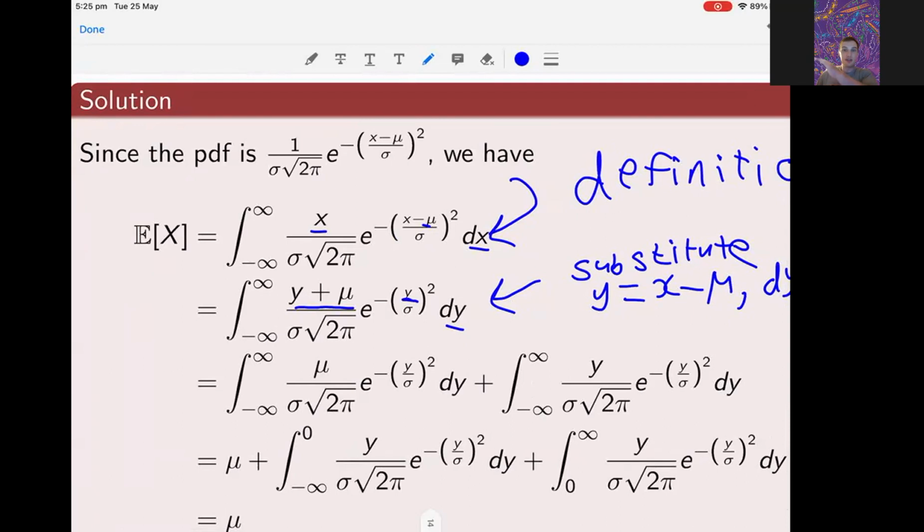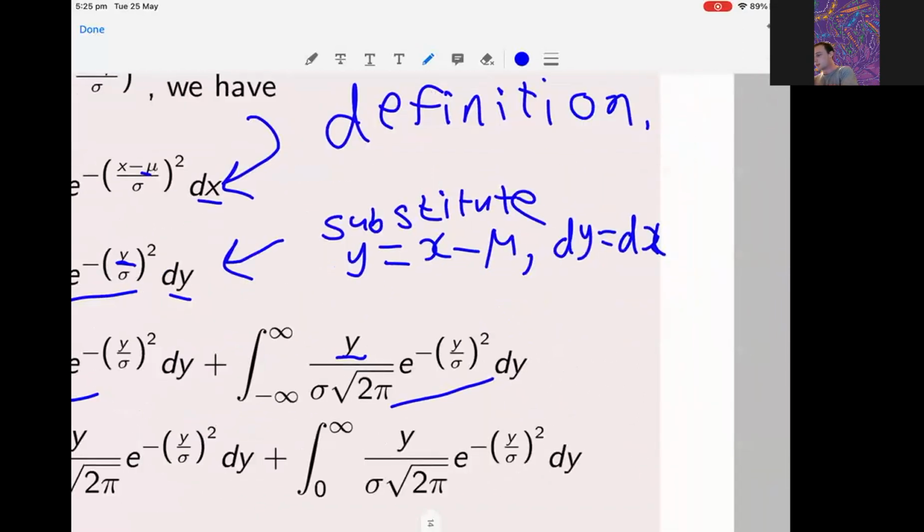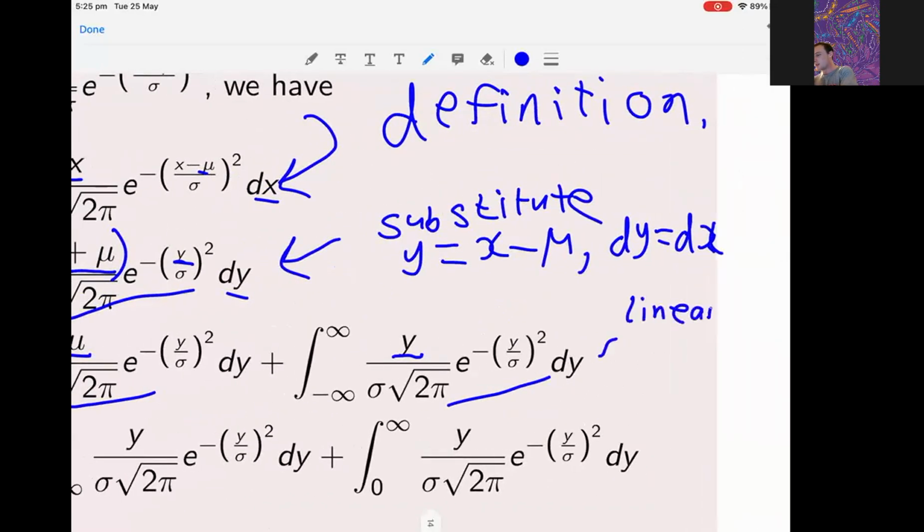We're going to use the linearity properties of this integral. So if we've got the integral of y plus mu, then that's the same as the integral of y plus the integral of mu, of course with both of these terms having the rest of the integrand attached. So all I'm doing here is using linearity of the integral.